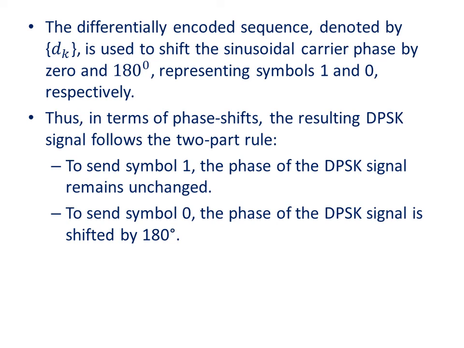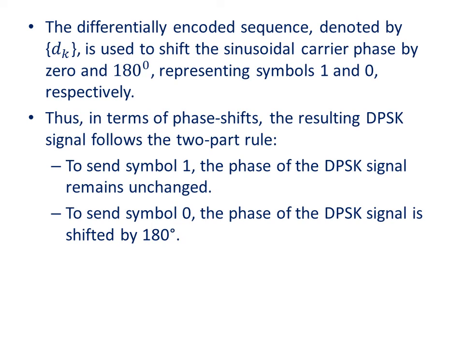The meaning here is, after differentially encoding the input sequence, it is represented as dk, that means the differentially encoded sequence. Then if the differentially encoded bit is 1, it is represented by the sinusoidal carrier phase with 0 phase shift. And if the bit is 0, it is represented by the sinusoidal carrier phase with 180-degree phase shift with respect to the previous one.